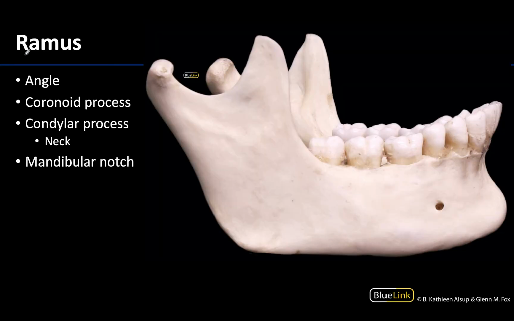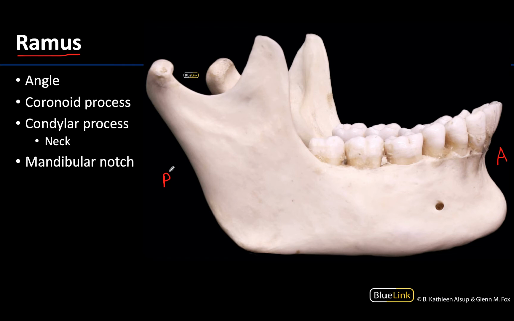Now we are going to be focused primarily on the ramus portion of the mandible and the structures located on the ramus. So let's remember where the ramus is. We are looking at a lateral view of the mandible in this image. So this is going to be anterior, this will be posterior. I knew this was anterior because the teeth are anterior.